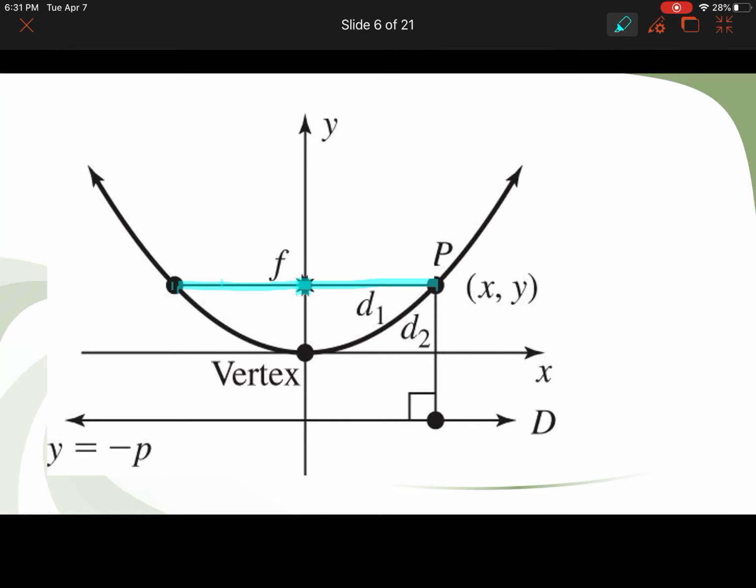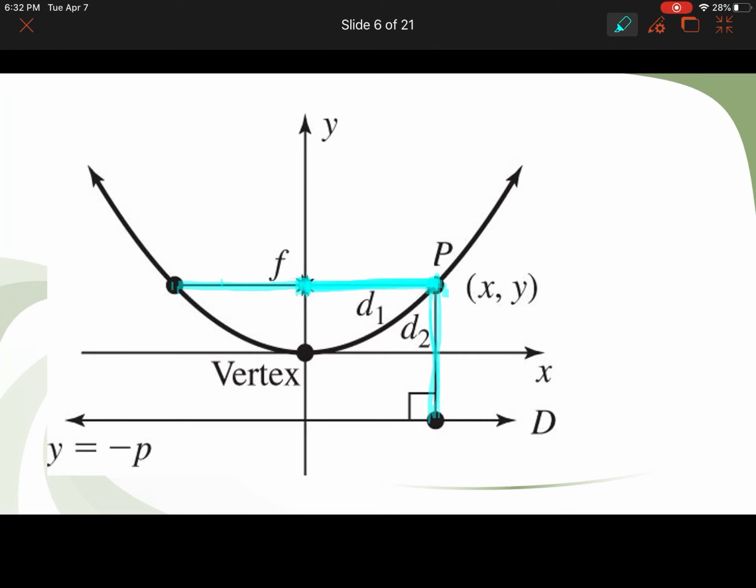So from this point, this focus, whatever p is over here, if we draw p straight across, so it's horizontal, and then we look at what it would be coming down here, those two things have to be the same because that's what a parabola is. P's on the parabola, and the distance to the focus has to be the same as the distance to the line.